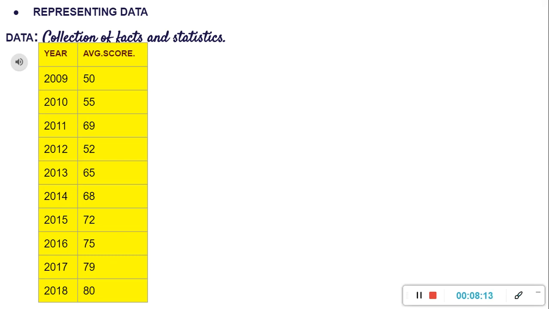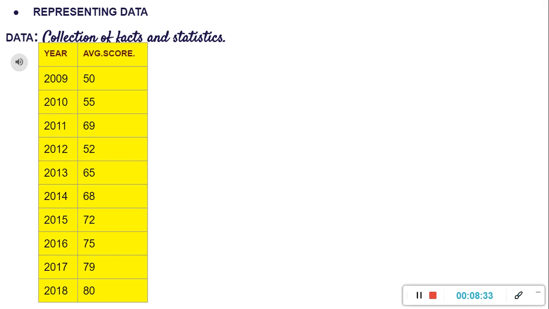Secondly, they want to analyze the result for 10 years, because they don't want to rely on the data of 1 year. Maybe in 2018 the children performed really well, but in 2017, 16, 15, 14 and so on they performed really badly.